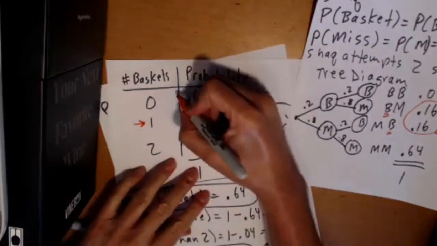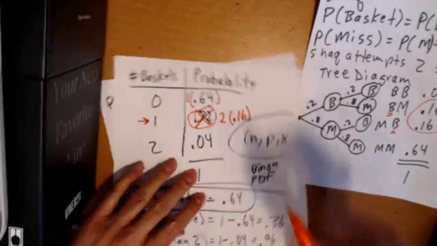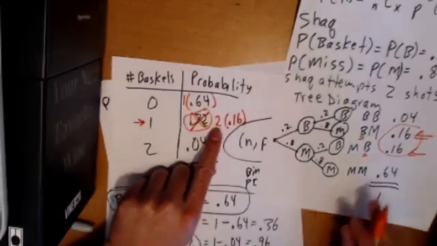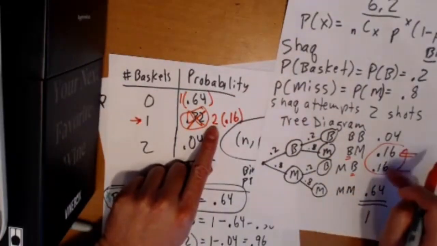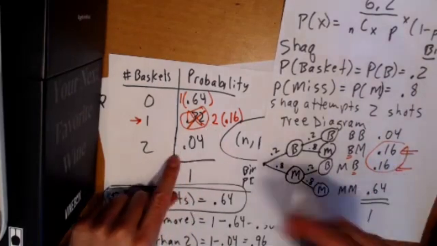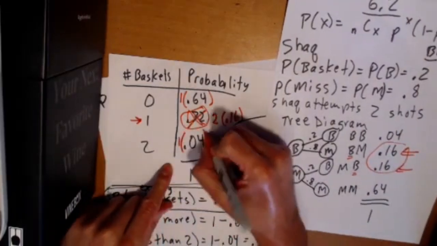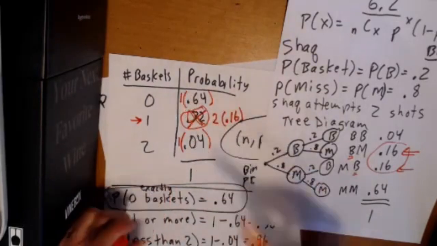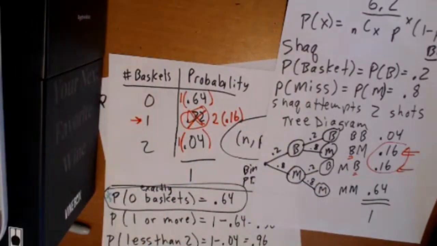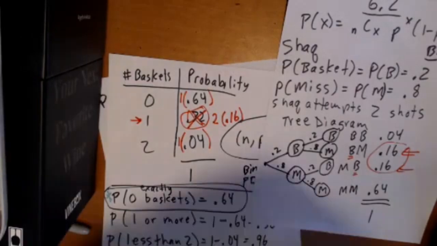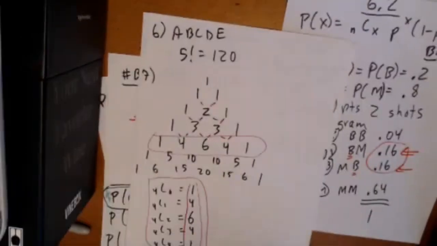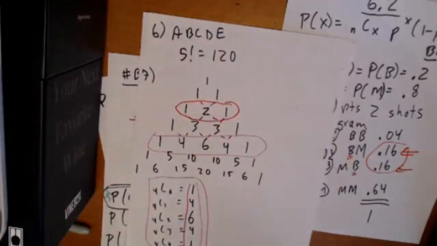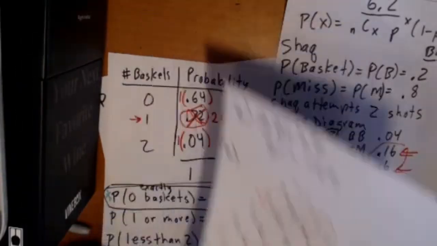There's one situation in which we make 0 baskets, 2 situations in which we make 1 basket, and 1 situation in which we make 2 baskets. So you see that 1, 2, 1? You may recognize the 1, 2, 1 from the binomial.